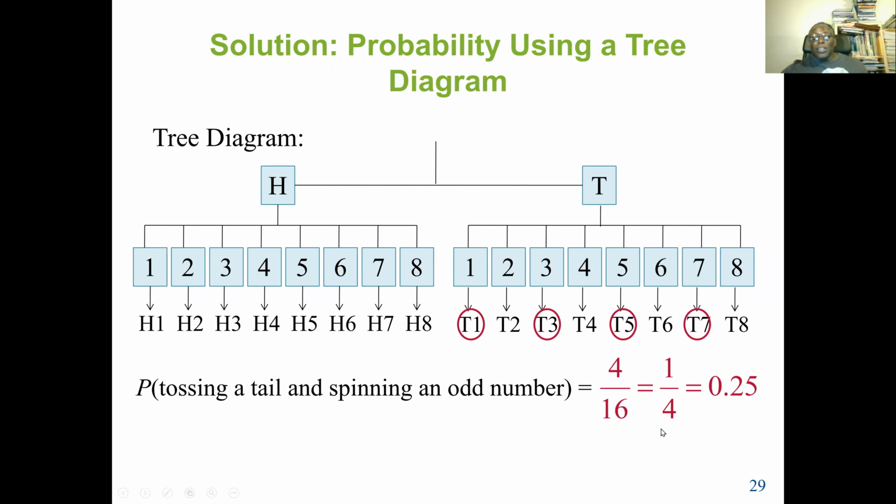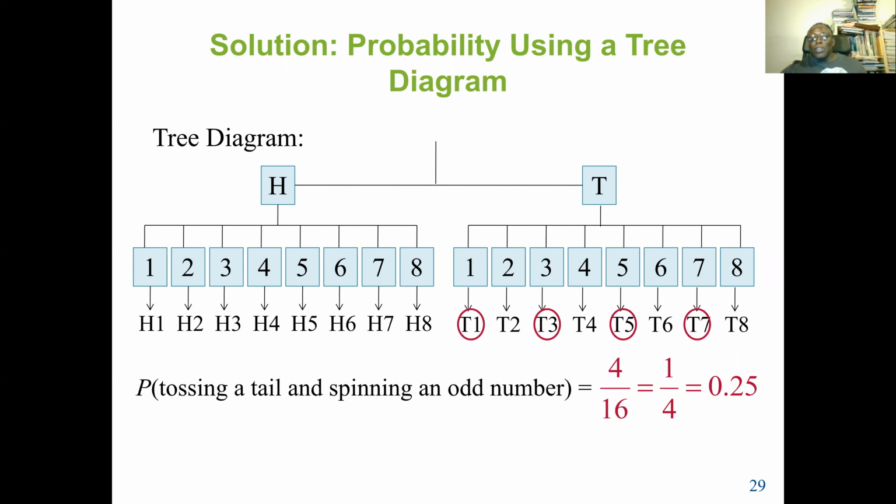So this will give us 4/16 or 1/4. Why 4/16? Because we know the possible outcomes are 16. Based on the question, we have T1, T3, T5, T7.